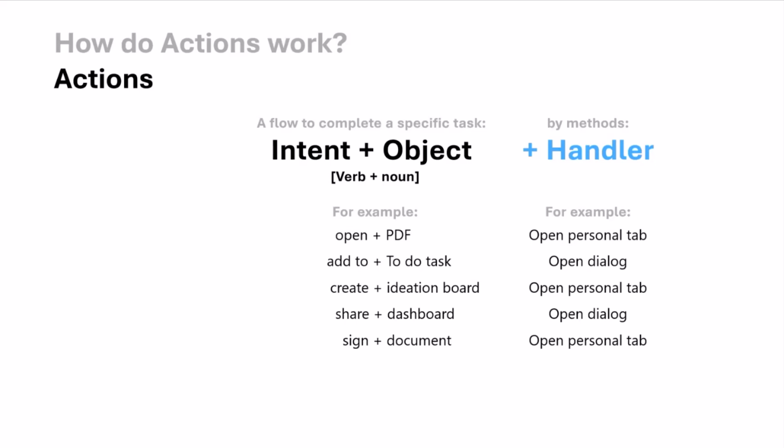And as a developer, you have the choice to build the handlers based on the information you receive, and you can choose to build the best way to help your users complete their task in the most meaningful way.